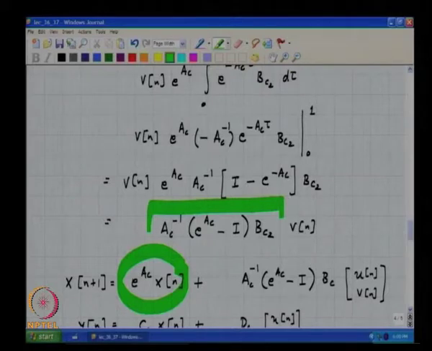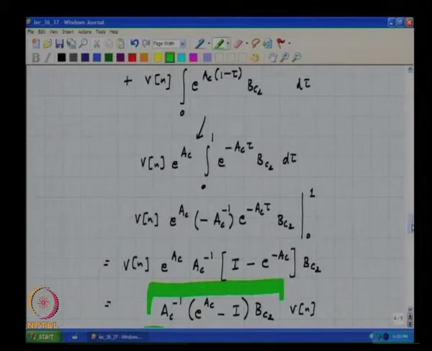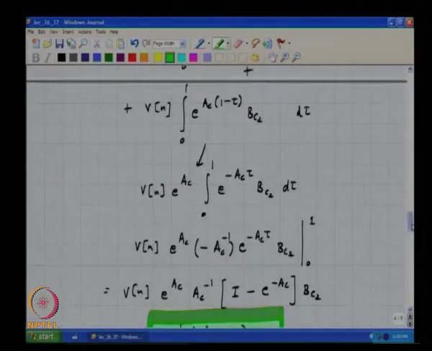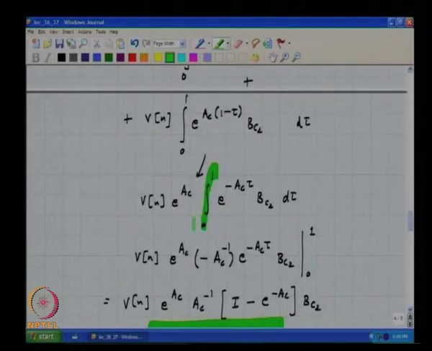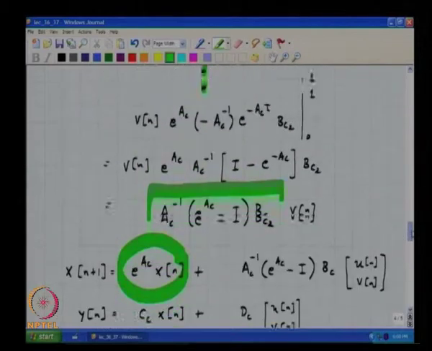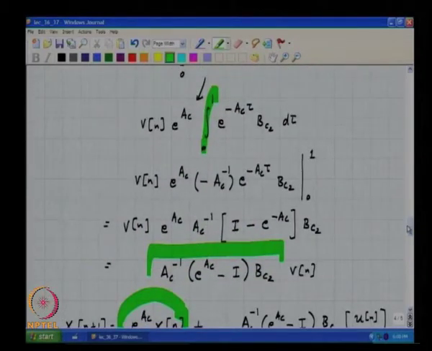The only thing that will change is BC2, I mean BD2, and the change will be, instead of integrating this from 0 to 1, you integrate from 0 to half, that is all, and you will get a different expression. But that is about the only change. If you have an arbitrary pulse shape, of course, you have to compute the integral. You may not be lucky to get a nice clean closed form expression like this.